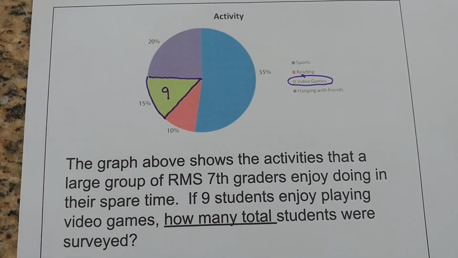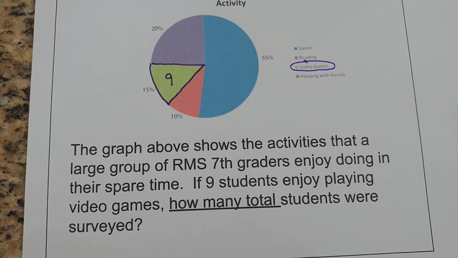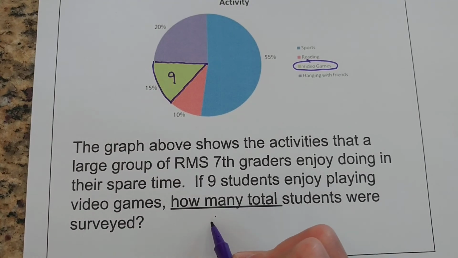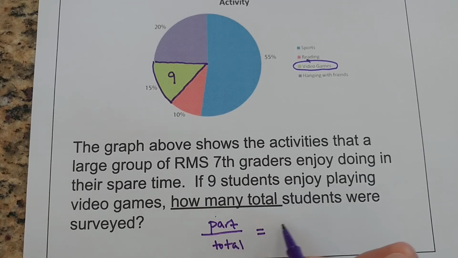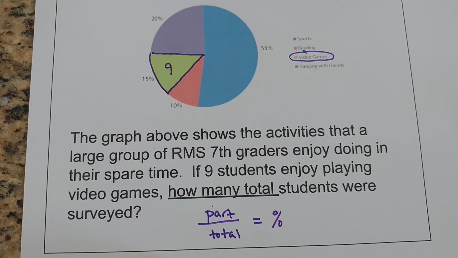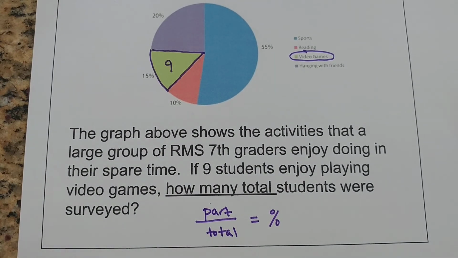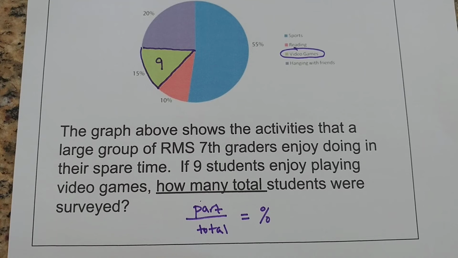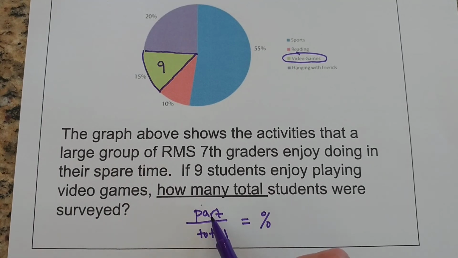Let's think about what we know. We know that if we take a part out of a total, that can be written as a percent. So let's think about what we have here. We know the part.